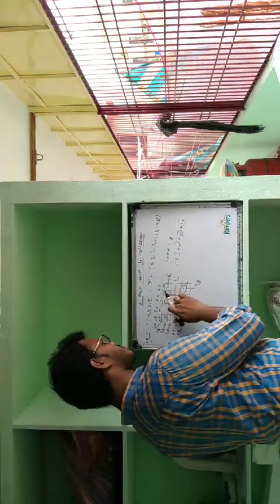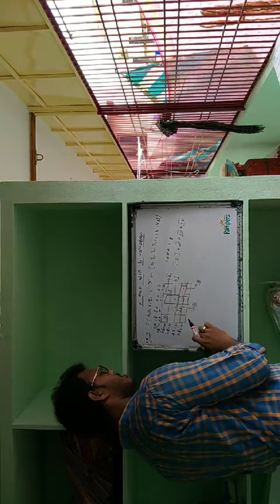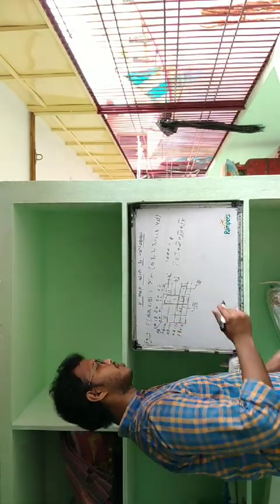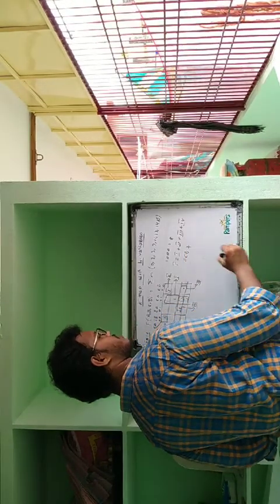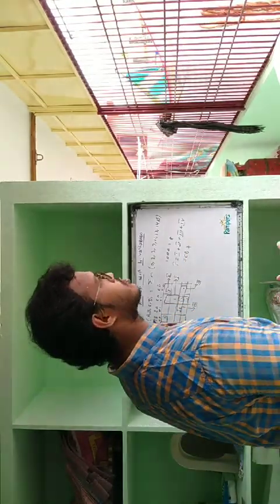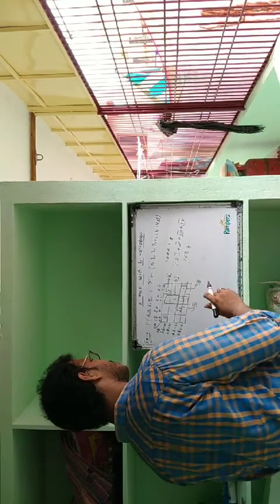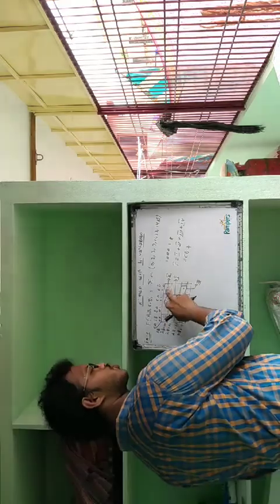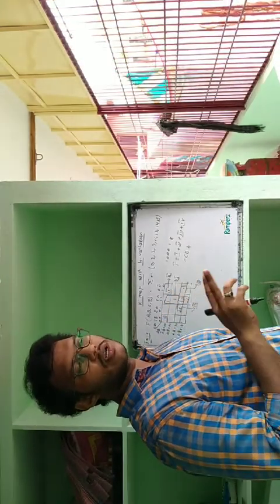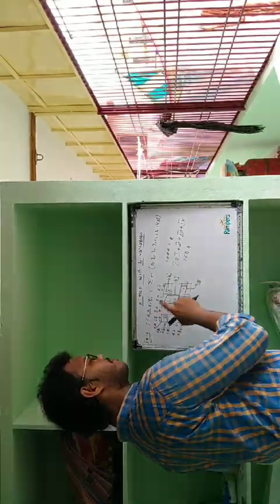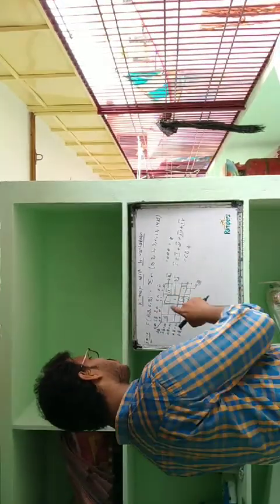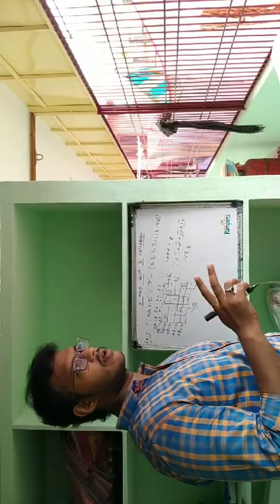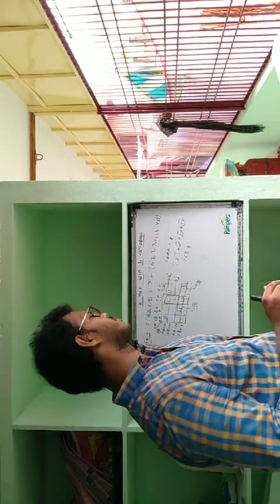If you see this one, A is changing from 0 to 1 and B is also changing from 0 to 1. C D is not changing at all. We have to write which one is not changing. If you see the second one, A bar B bar is not changing in these two cells. Only C is changing. So which one is not changing in the two cells, we have to write that.